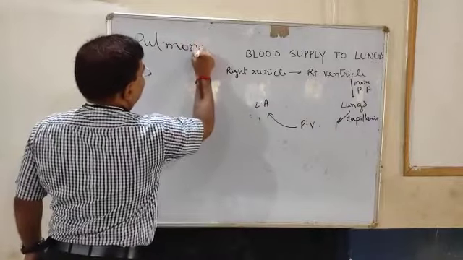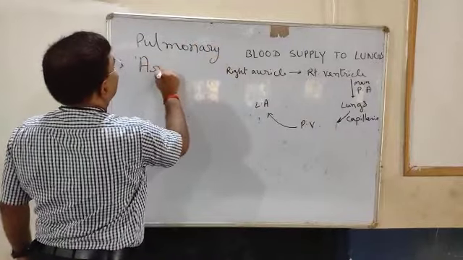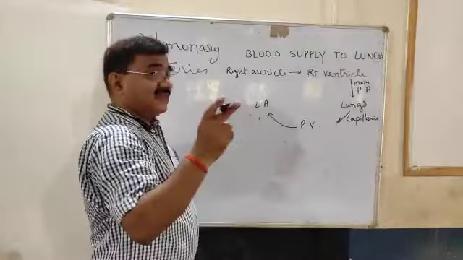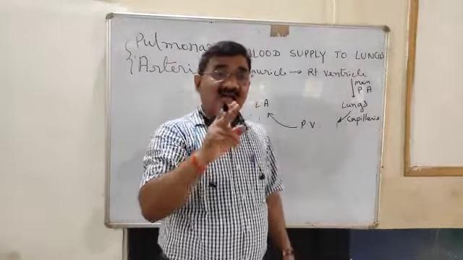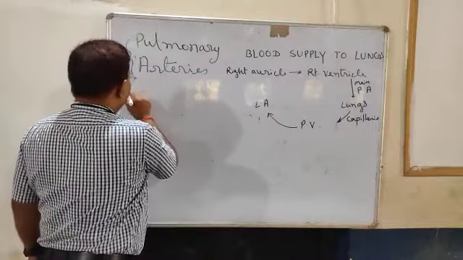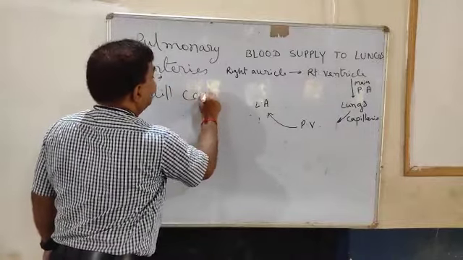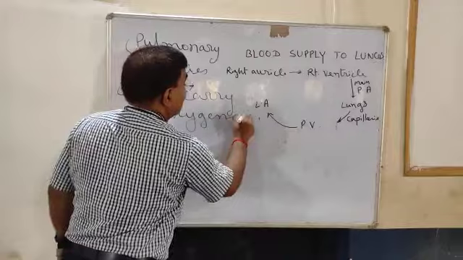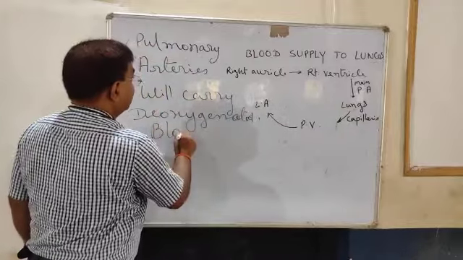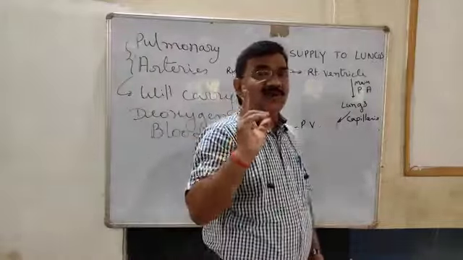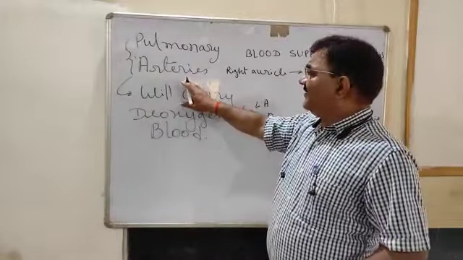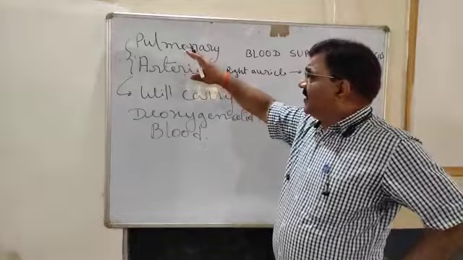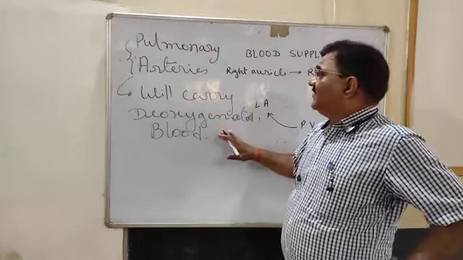Pulmonary means lungs. We know that arteries carry oxygenated blood, but when the word pulmonary is added, the pulmonary artery will carry deoxygenated blood.